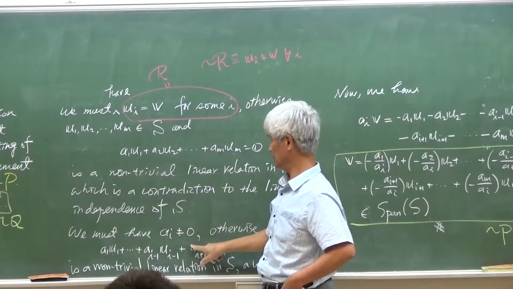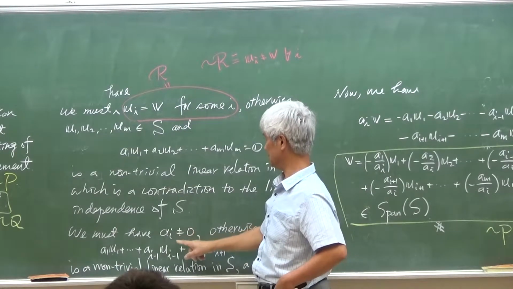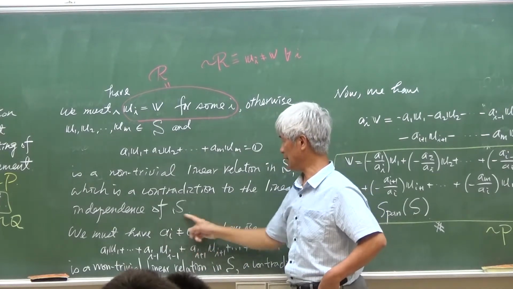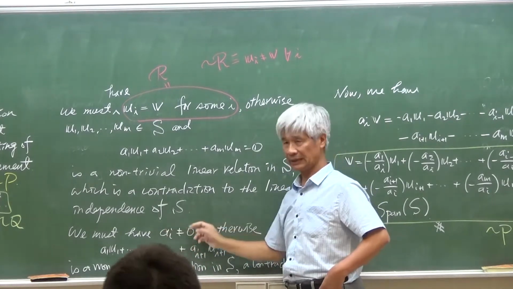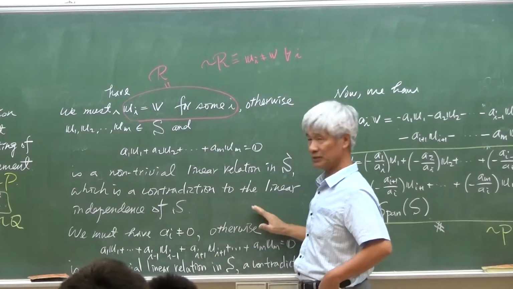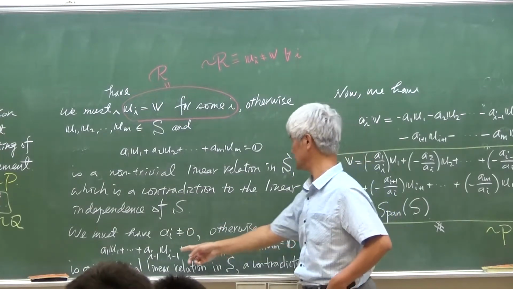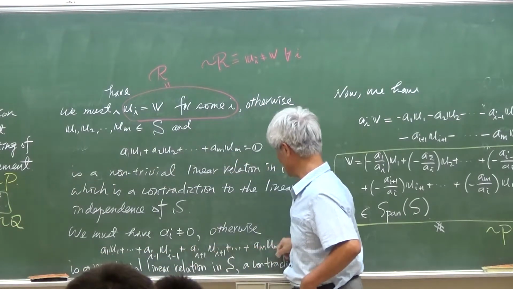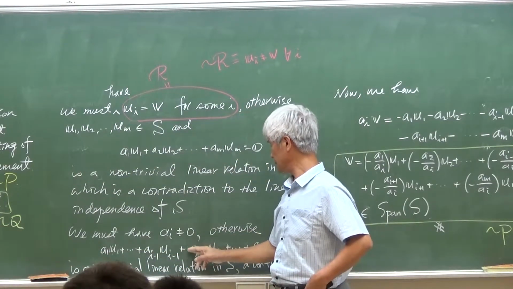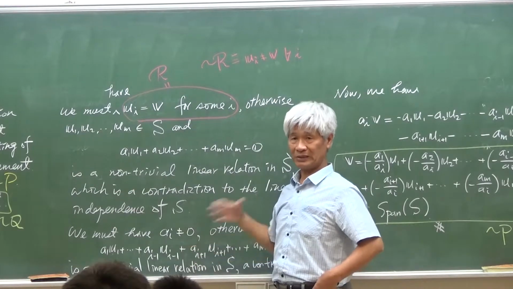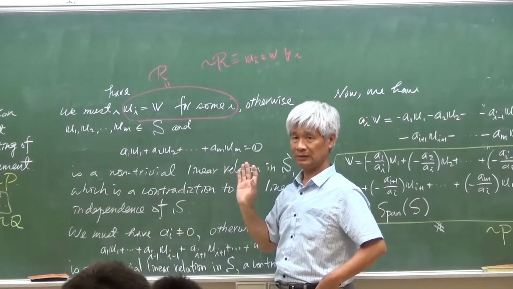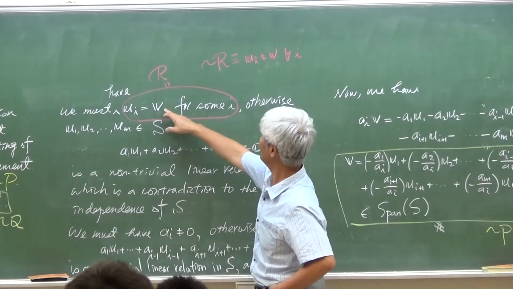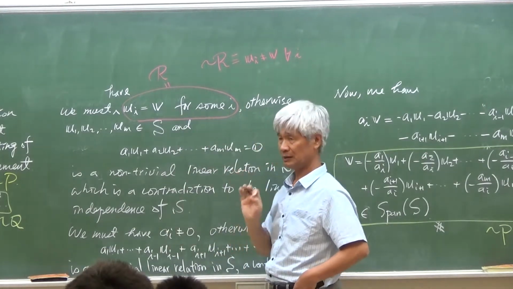Because if ai is 0, then this relationship can be written this way, because the ith term is 0, so we just take it out, because 0 times v is the 0 vector.